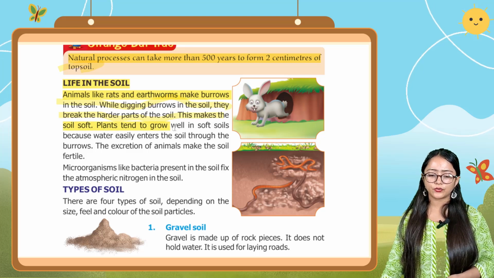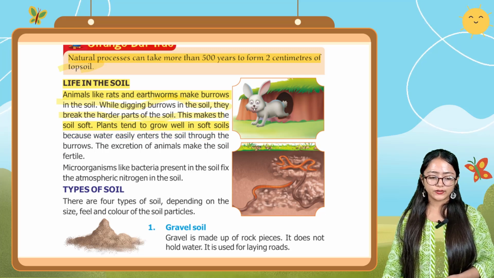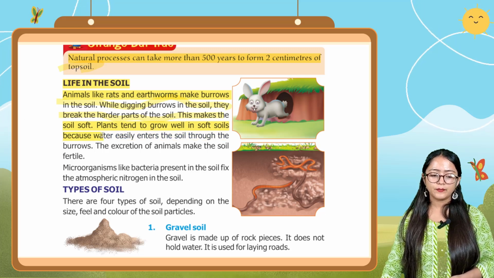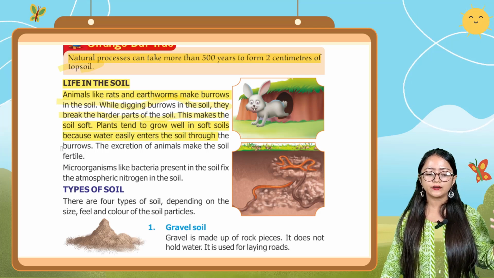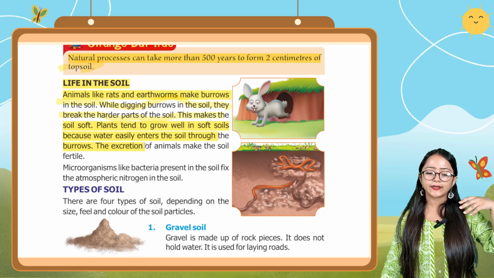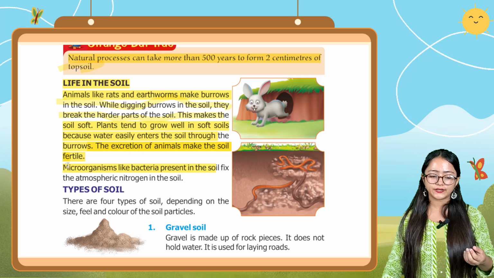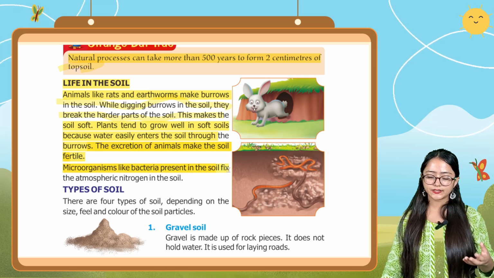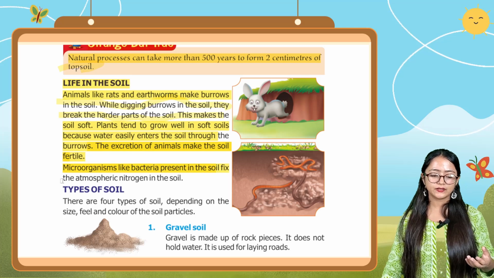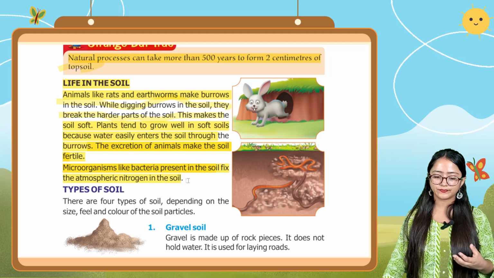Plants tend to grow well in soft soil because water easily enters the soil through the burrows. The excretion of animals makes the soil fertile. Microorganisms like bacteria present in soil fix the atmospheric nitrogen in the soil.